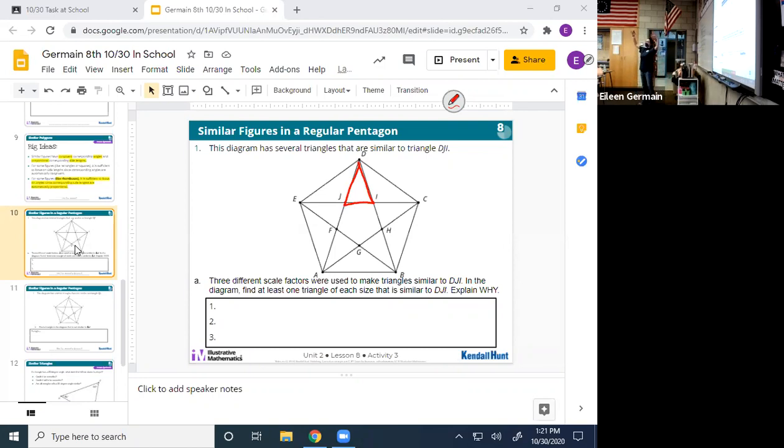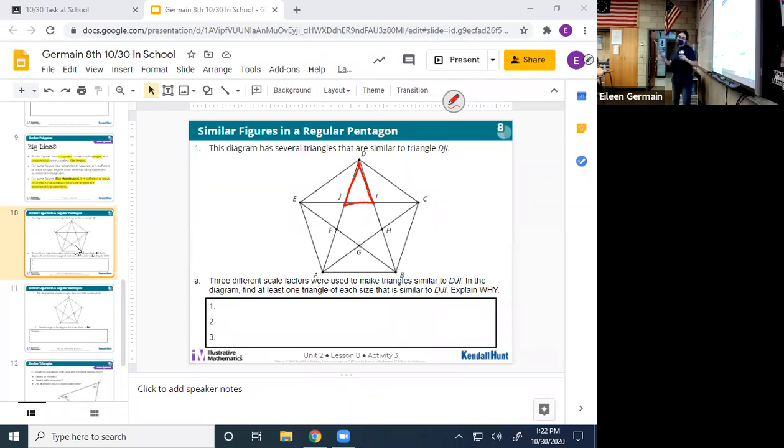That means I'm going to find some that are bigger, and actually we're not going to find any that are smaller. 3 different scale factors were used to make triangles that were similar to DJI. In the diagram, find at least 1 triangle of each size that is similar to DJI.